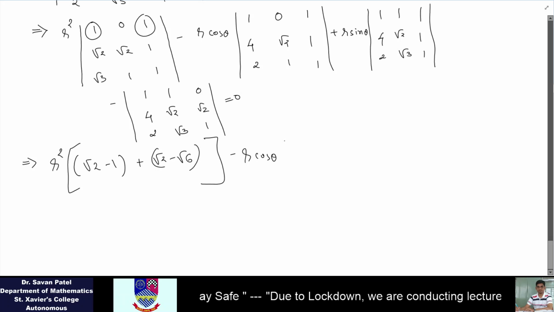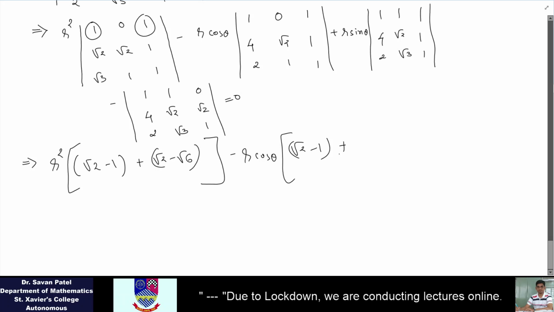Minus r cos theta in bracket 1 times the determinant of this, that is root 2 minus 1, plus, since this is 0, directly from this determinant it is 4 minus 2 root 2.